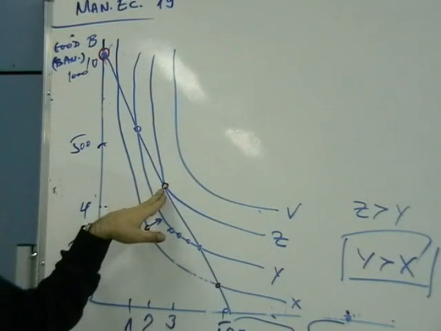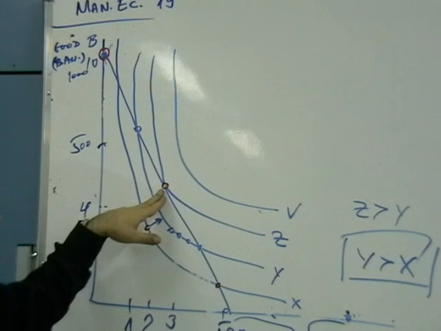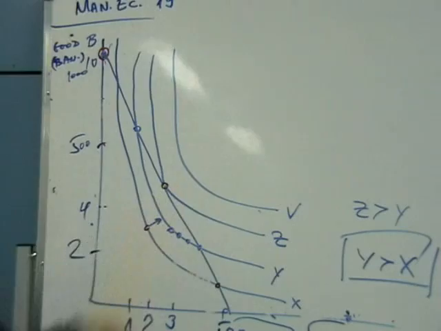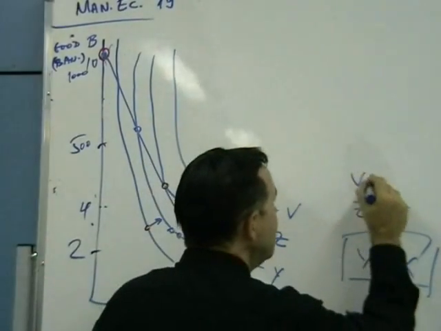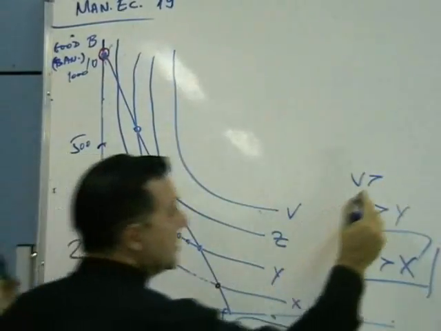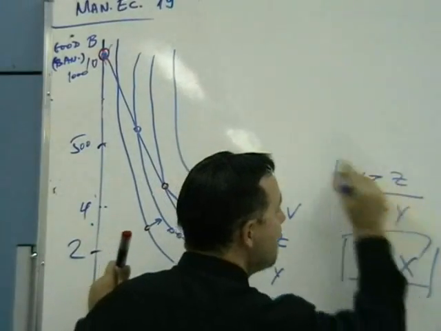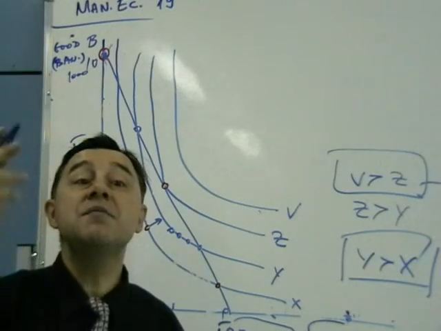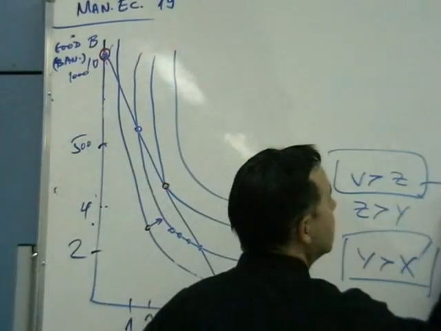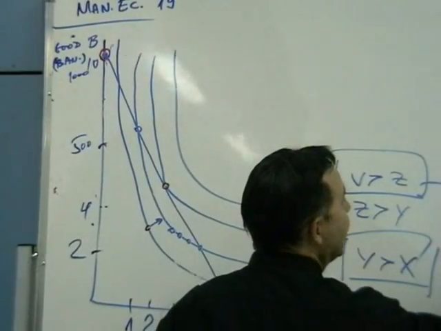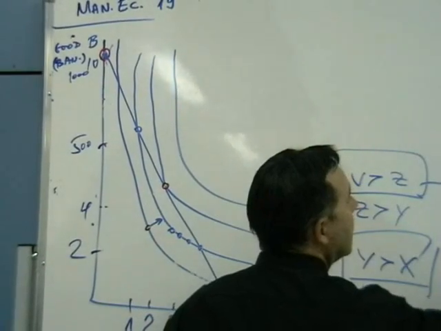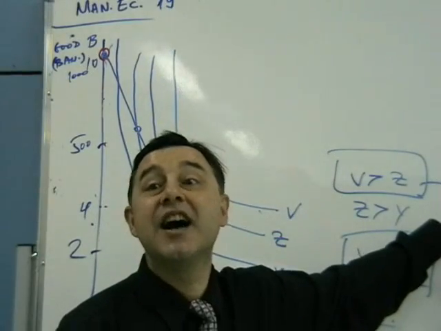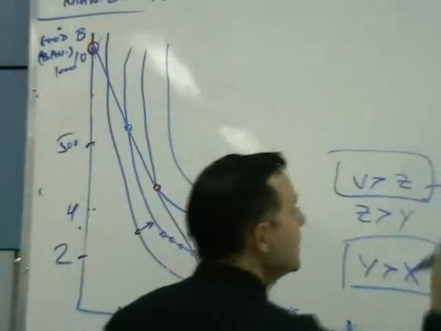And the highest possible indifference curve is the one where the tangency occurs. V is better than Z, right? But V is impossible. In English, in this particular case, we call it unattainable.